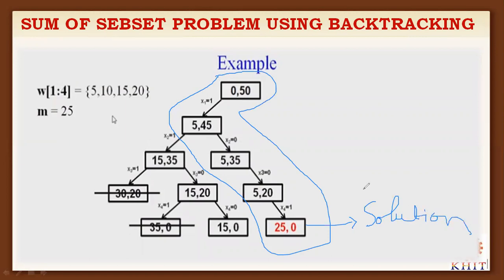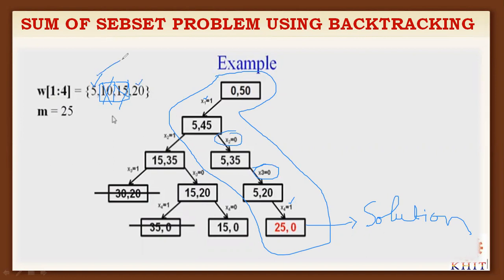If you select the items, the first one, x1 equal to 1, which means the first item was selected. x2 equal to 0, second item is not selected. x3 equal to 0, third item also not selected. x4 equal to 1, fourth item selected, weight 20.